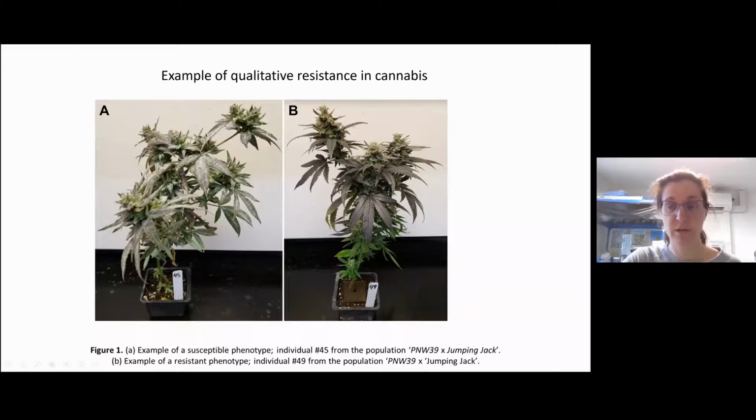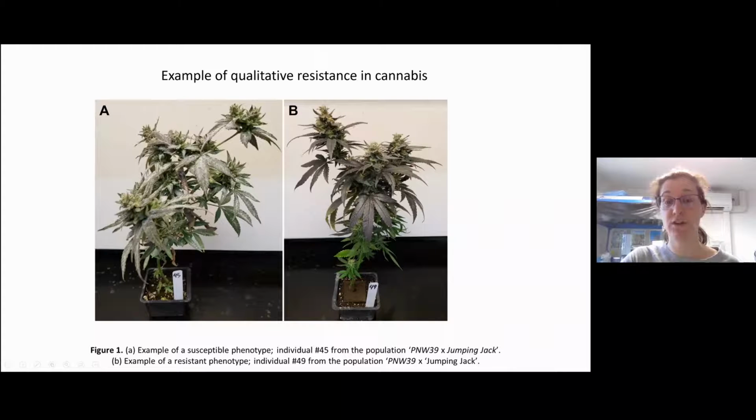On the right-hand side, you see an example of a resistant phenotype that has no mycelial growth on the surface of the leaf. These plants were grown side by side in the same conditions. It's not that they've been excluded. They look separate because they're two different panels, but these plants grew right next to each other in the same environmental conditions. One got sick and one did not.